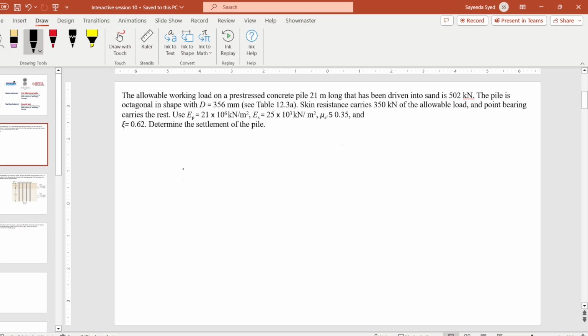Okay, so the first question is: the allowable working load on a pre-stressed concrete pile, which is 21 meters long and has been driven into sand, is 502 kilonewton. The pile is octagonal in shape with a diameter of 356 mm.